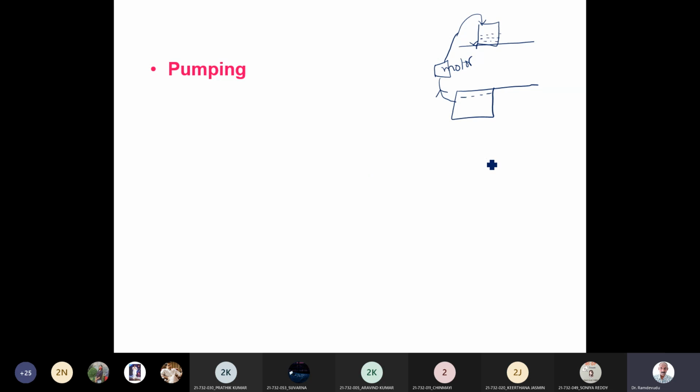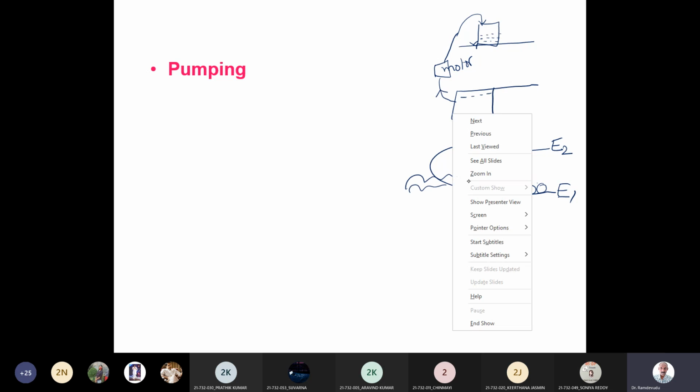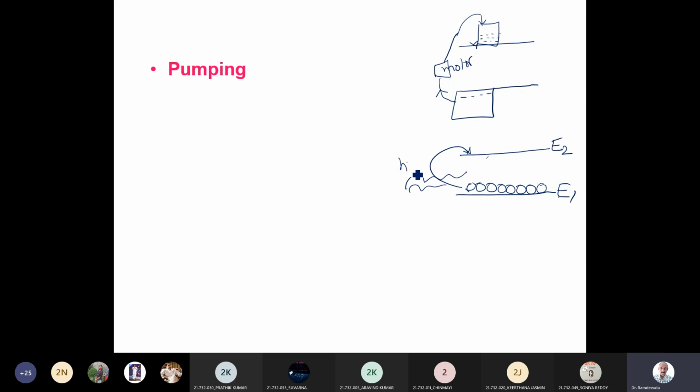Similarly, in atomic energy levels, if you have energy level E2 and one E1 here, and the atoms are here, I have to pump them up. How do I take them up? I have to give external energy. I am giving h nu as the external energy, whose energy is equal to E2 minus E1.